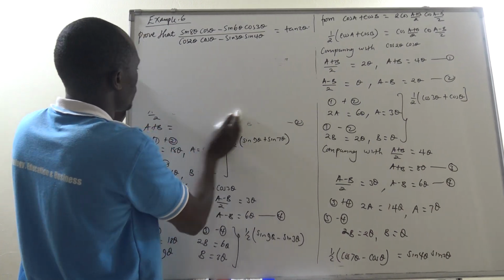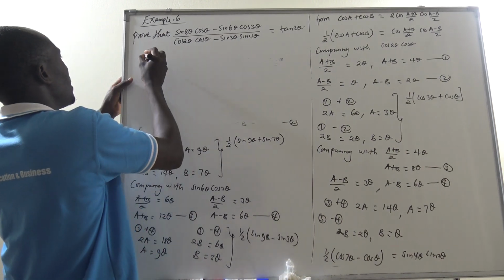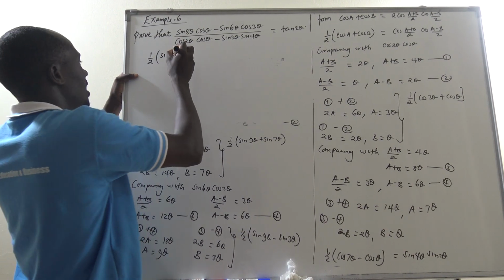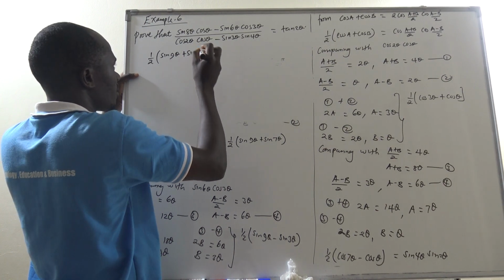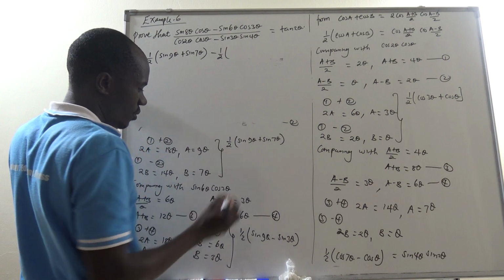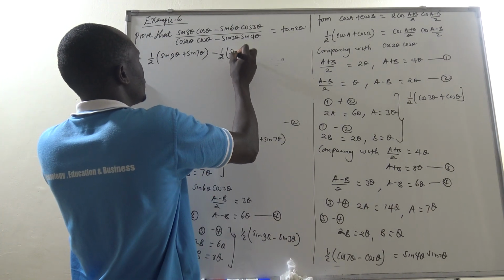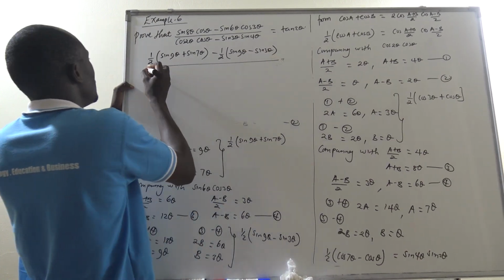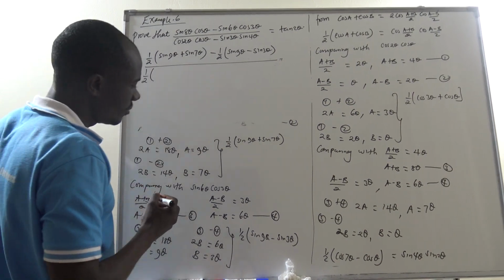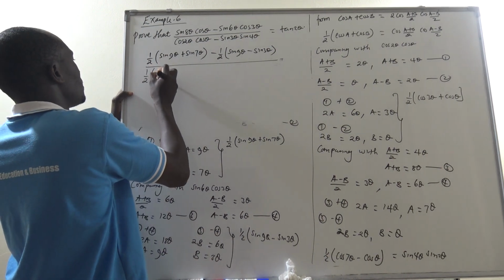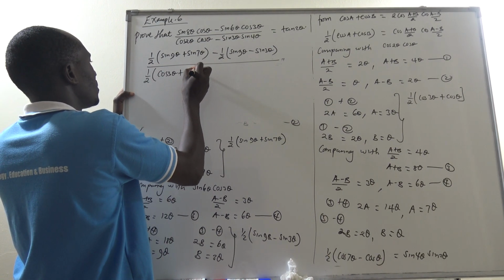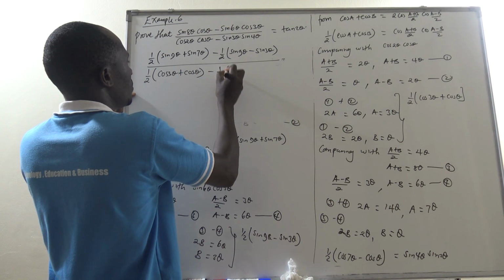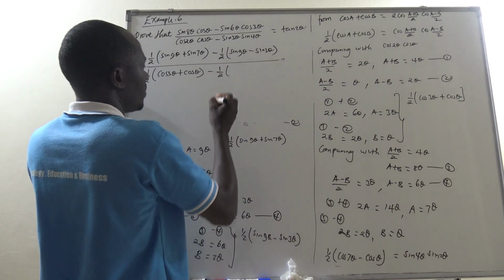So the first one was giving us a half into sine 9 theta plus sine 7 theta minus a half into sine 9 theta minus sine 3 theta, all over a half into cos 3 theta plus cos theta minus a half into cos 7 theta.